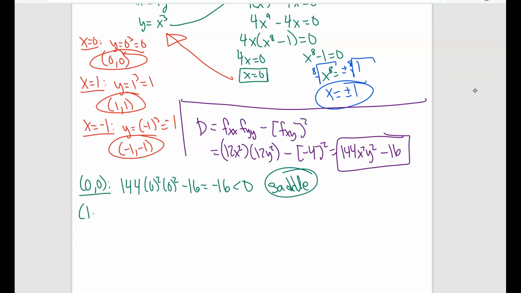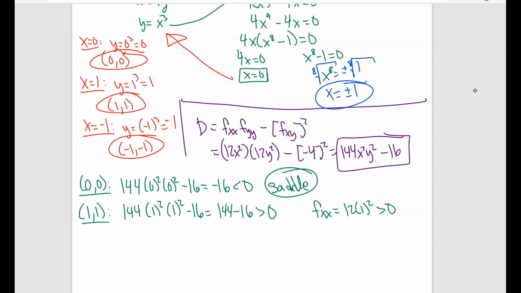Now we're going to plug in 1, 1. 144 times 1 squared minus 16. 144 minus 16 is a positive number. So it can either be a maximum or a minimum. So we're going to use the second derivative, which is just 12 times 1 squared, which is also a positive number. So they're both positive. This means it's going to be a minimum.